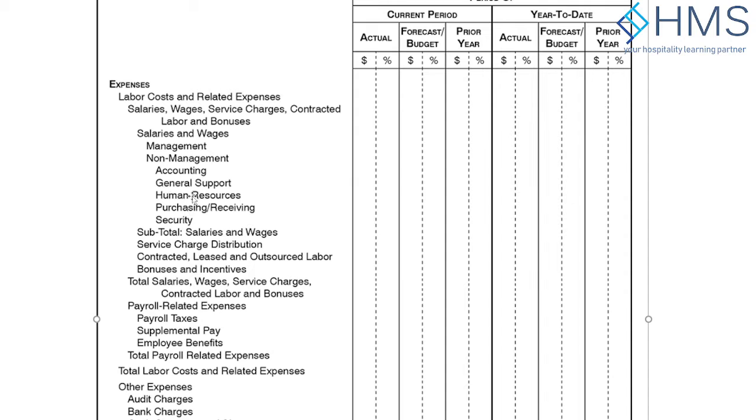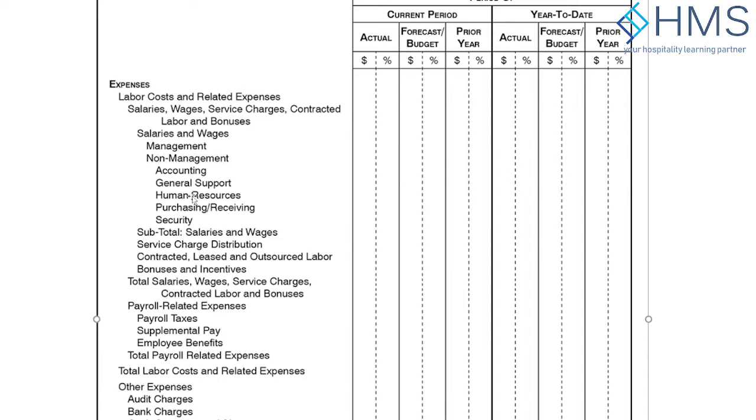So it's easier to pinpoint the responsibility for higher or lower cost of managing the hotels, and also to compare different hotels of different sizes to see whether they are spending more on accounting, on HR, or on security, because depending on the size of the property, the security will be different.